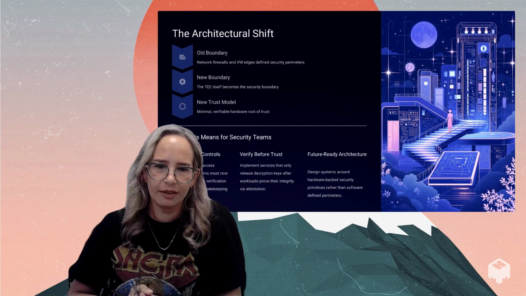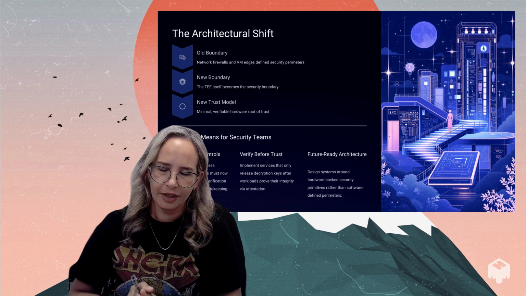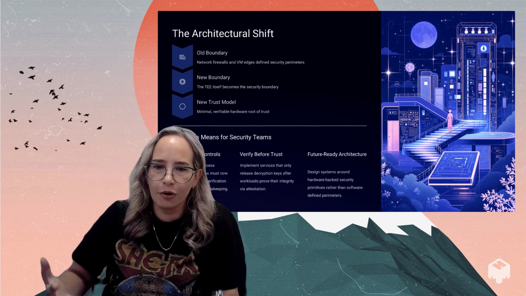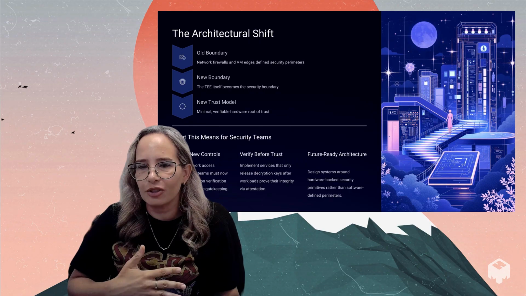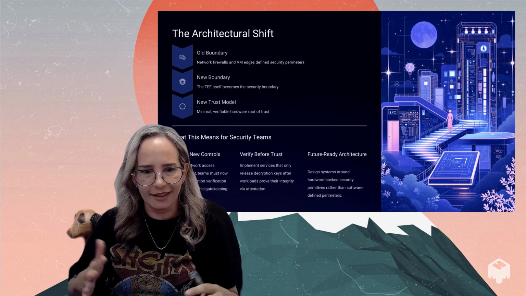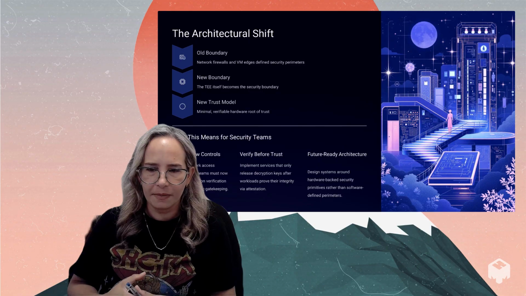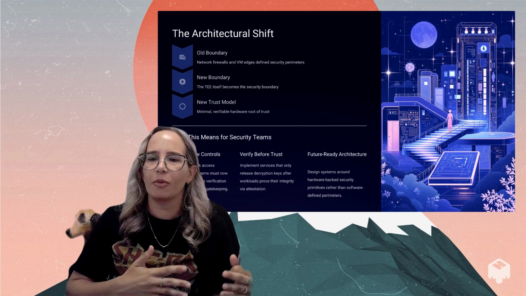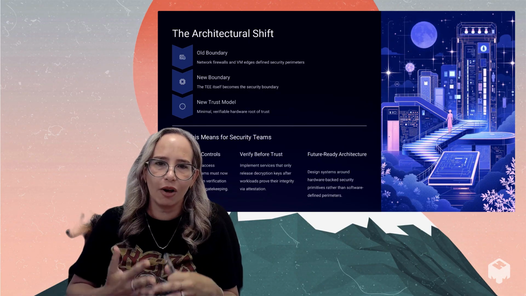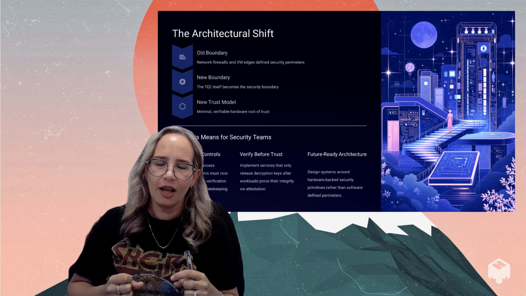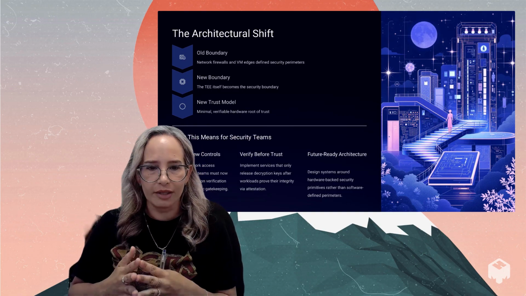Confidential computing demands a new way of thinking. The security boundary is no longer the network, the firewall, the VM edge, and not even just identity. The new data security boundary is the TEE itself. Our trust shifts from a large, complex, software-driven stack to a very minimal and verifiable hardware root of trust.